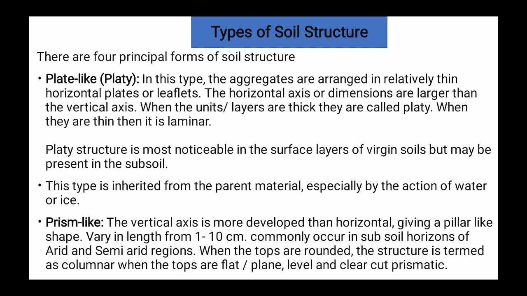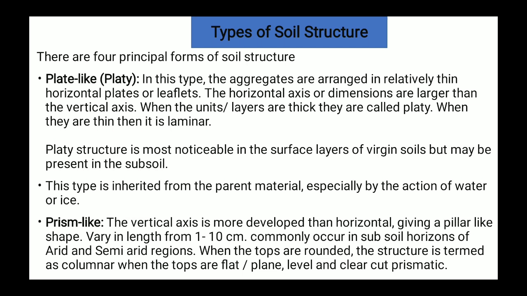The types of soil structure: there are four principal forms. First is plate-like, or platy. In this type the aggregates are arranged in relatively thin horizontal plates or leaflets. The horizontal axis or dimension is larger than the vertical axis.